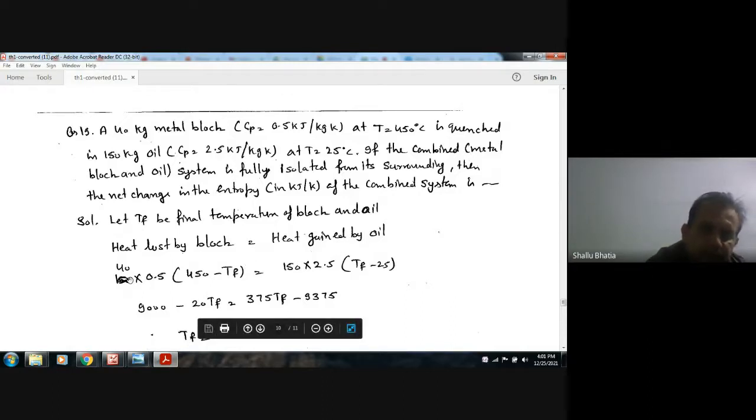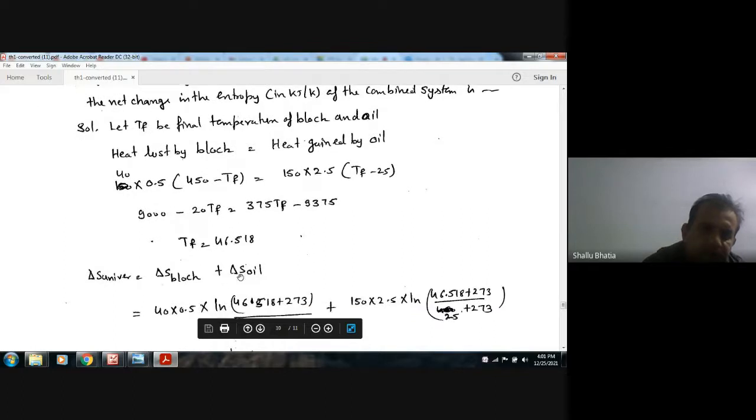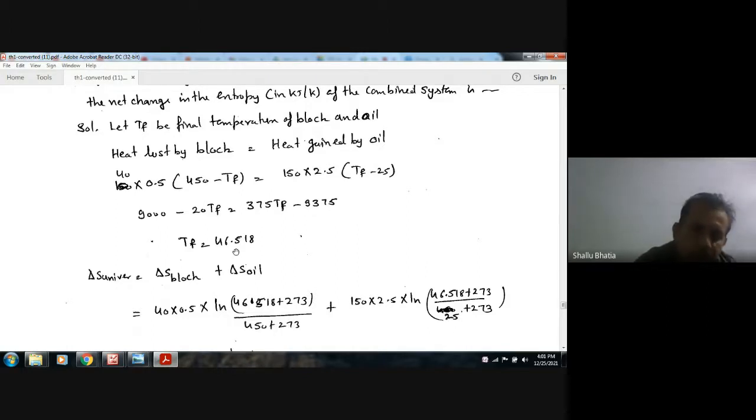So that is 40 mass times 0.5 times (450 minus Tf), and the heat gained is 150 times 2.5 times (Tf minus 25). So we can get Tf as the final temperature of both oil and block, 46.5.